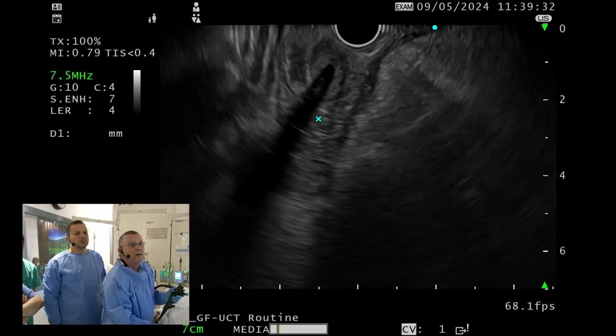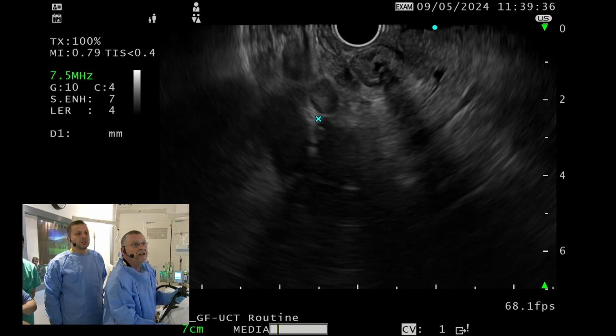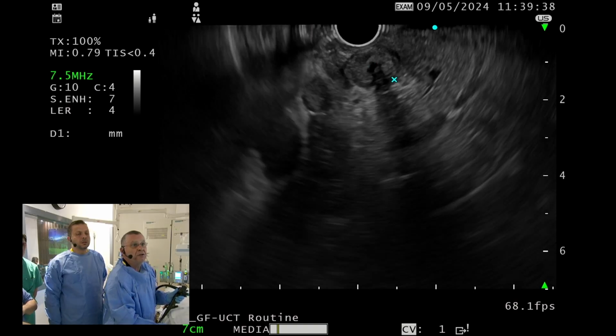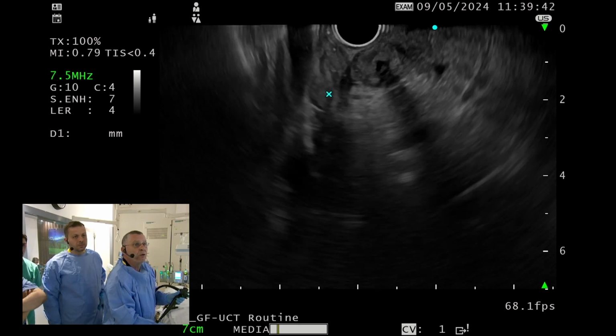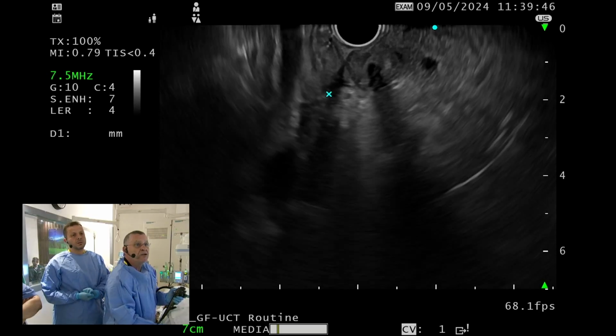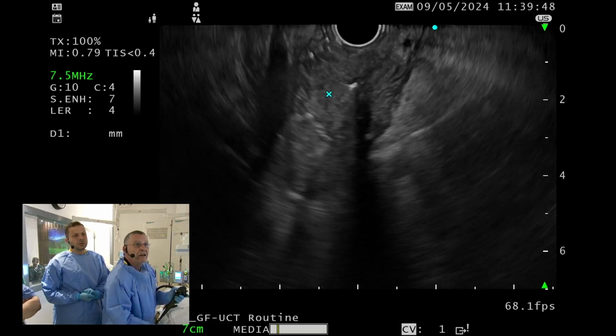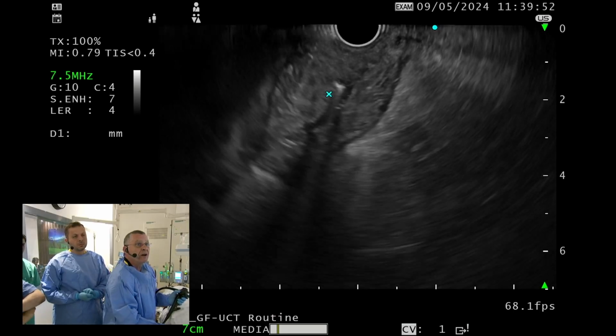So if there is a lymph node, there is no ampullectomy, right? Okay, here you see these nodes are really suspicious. So we have lymph nodes all around the lesion, and nodes in front of the vena cava and the aorta. And now we will stage the tumor itself.